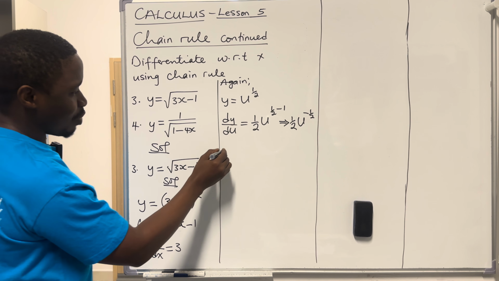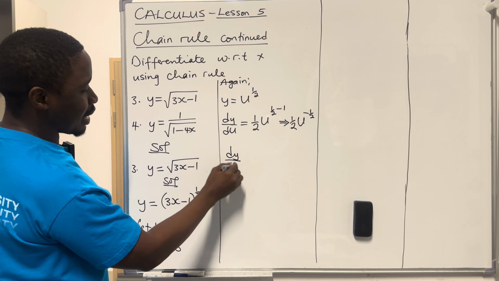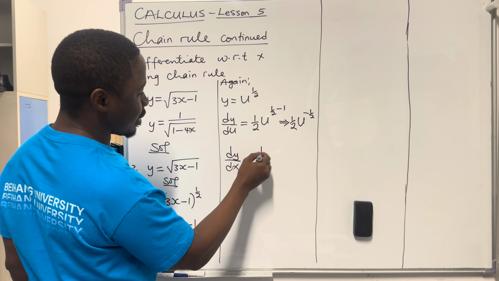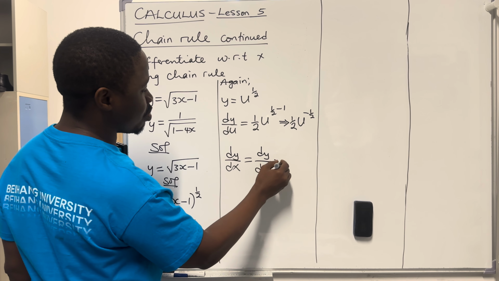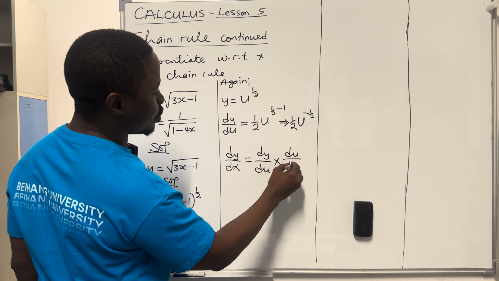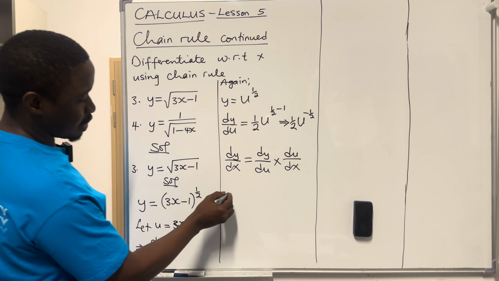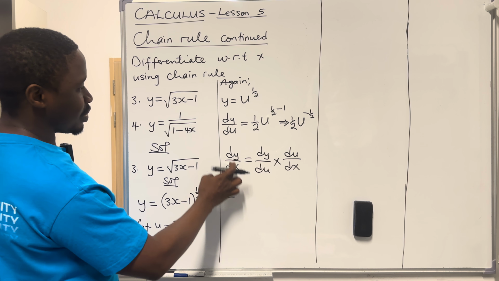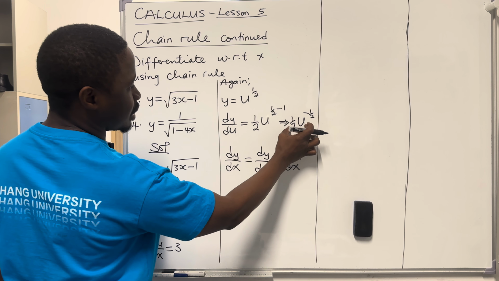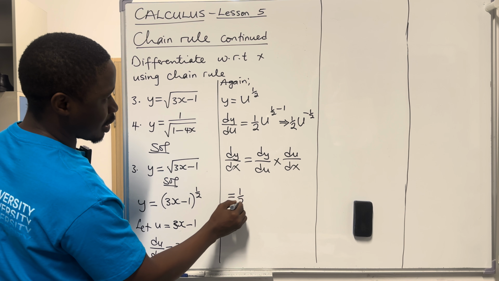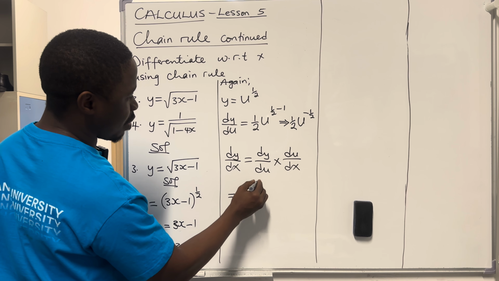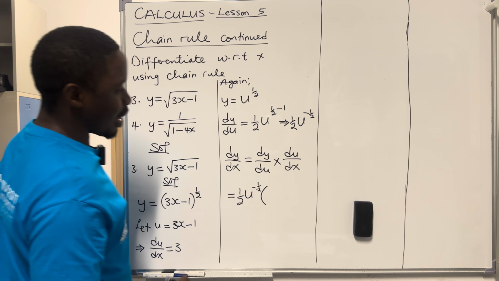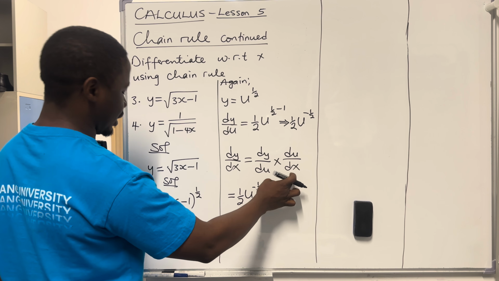Okay, so now the formula says dy dx, differentiating entirely, is equal to dy over du multiplied by du over dx. So this is now equal to, what is dy du? Dy du is this one, half u to the power minus half, multiplied by, what is du dx?